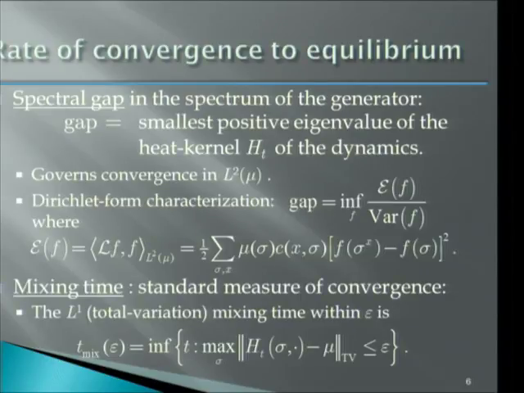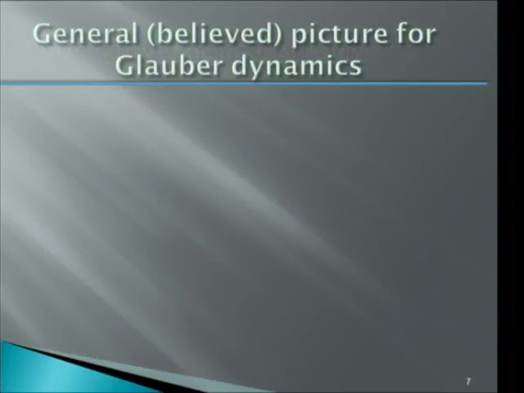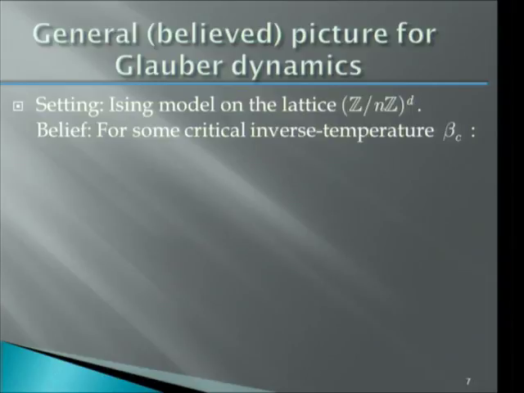Once we've defined these two notions of measuring convergence, we can look at what the picture is believed to be for Glauber dynamics. This is the picture that we believe happens for any graph under an appropriate definition of the implicit parameter.